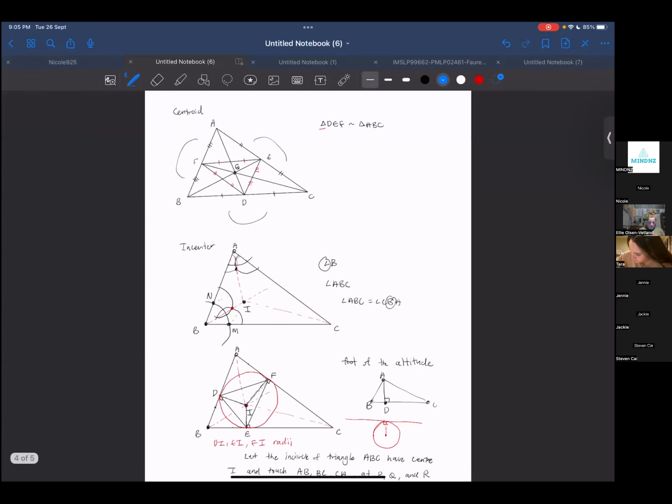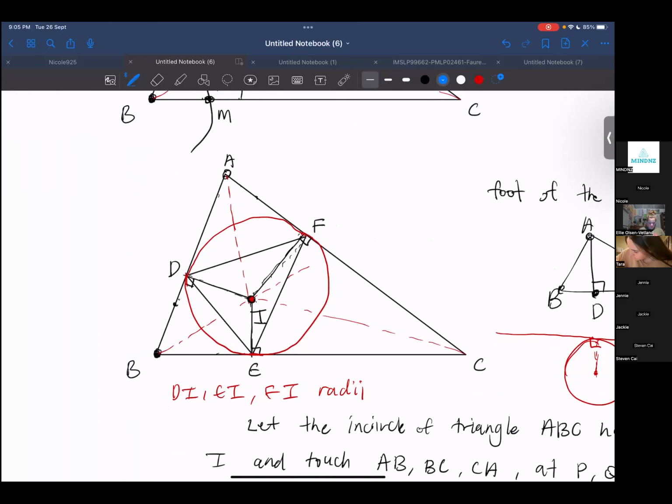So now this might look a bit familiar, because lines AB, BC, and AC, the sides of this triangle, are all tangent to the incircle, because they only touch it once.